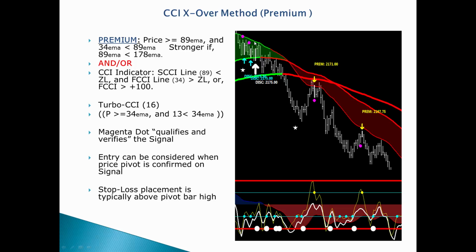Now keep in mind, we spoke about earlier, here are a couple discounts. I know we're talking about premiums at the moment, but look at these discounts up at the top left. See how the 34 EMA, this green line here, angles down and turns red right about there. And then here's the 89 EMA, which is about flat.